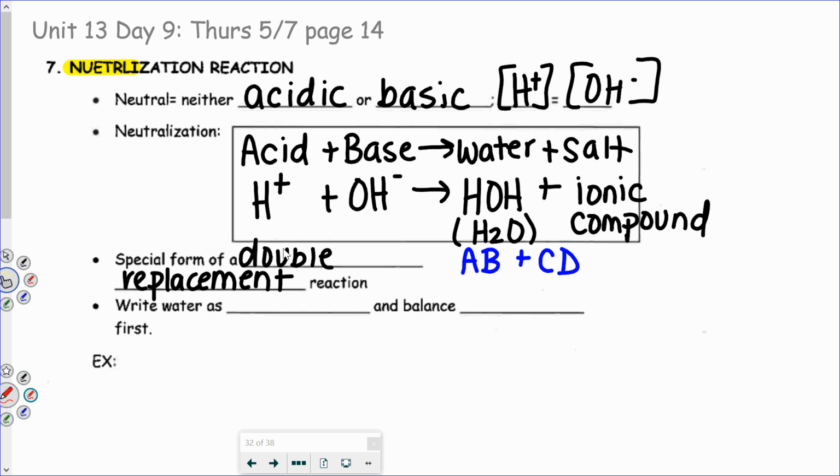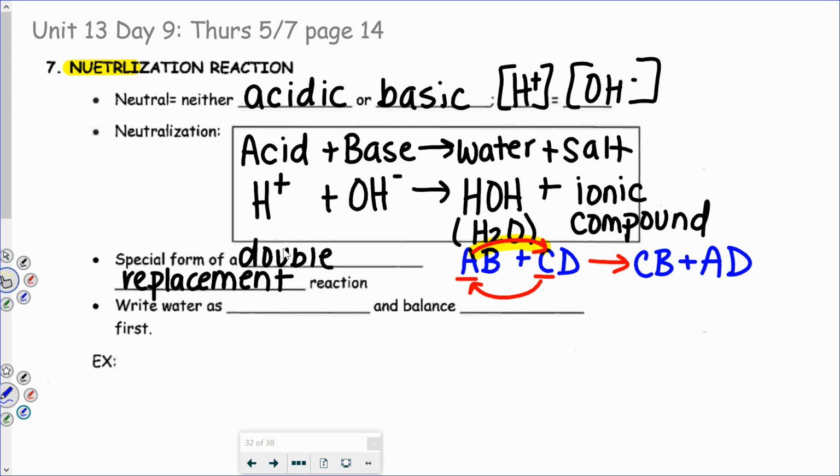And the two positives switch spaces. Remember, positive ions are written first. So the A and the C do a little do-si-do. Why do I keep writing like that? Here we go. And now we have the C with the B and the A with the D. So that's a double replacement reaction.